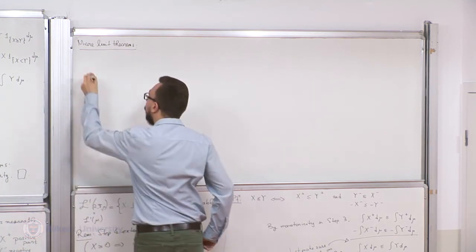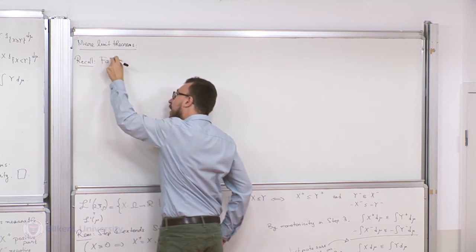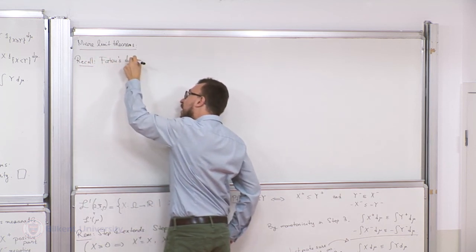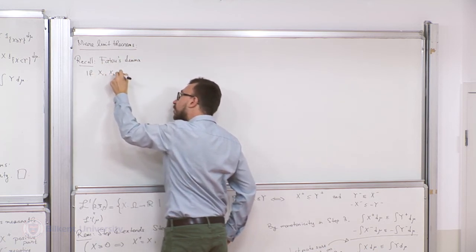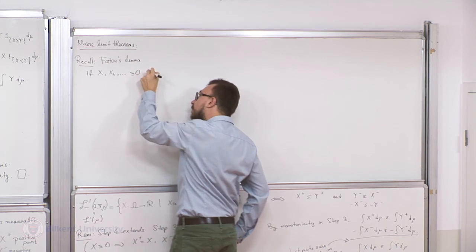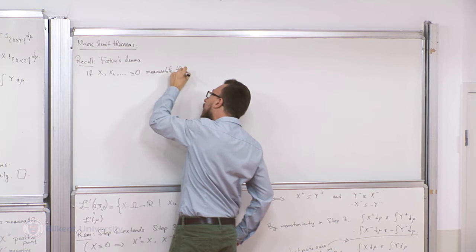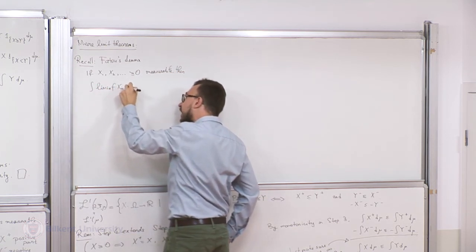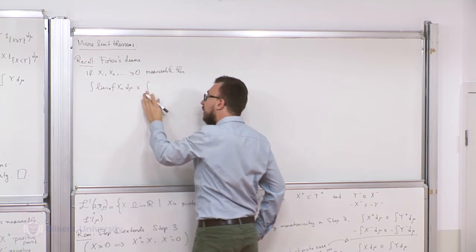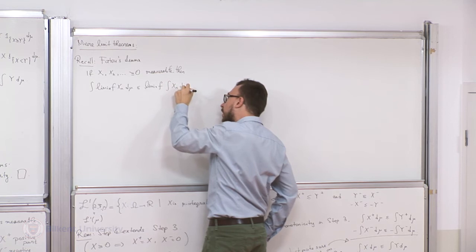First, let me recall Fatou's lemma. So if x1, x2, etc. are positive measurable, then the integral of the lim inf of xn's is less than the lim inf of the integrals.